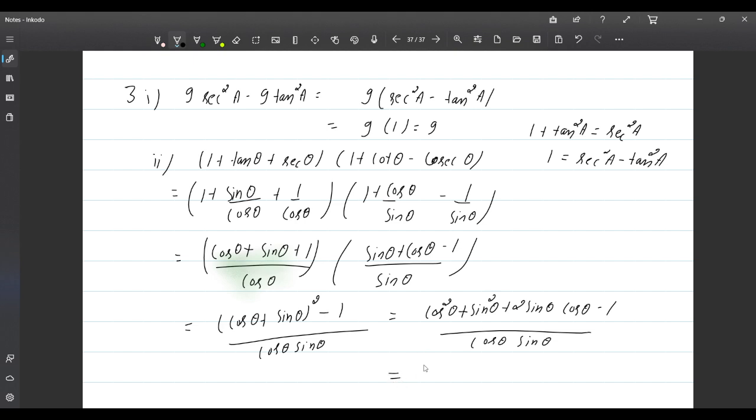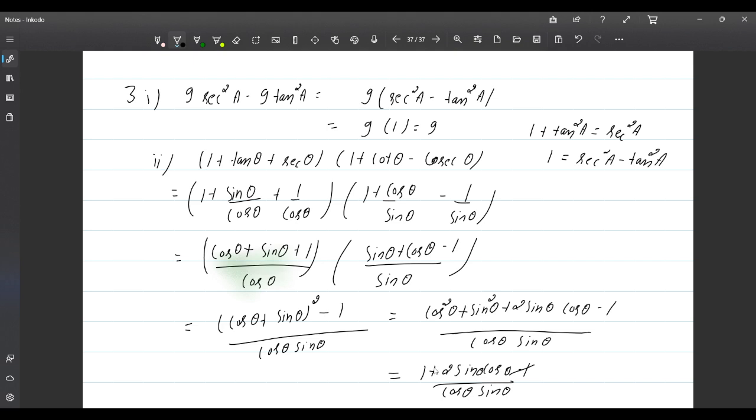So cos square theta plus sin square theta is 1, plus 2 sin theta cos theta minus 1 upon cos theta sin theta.